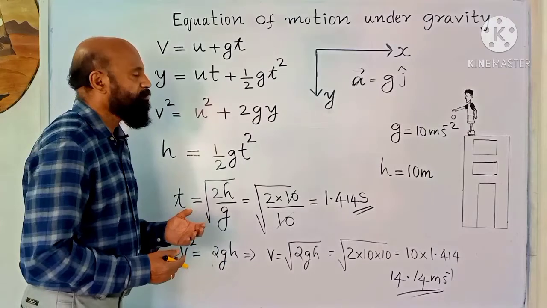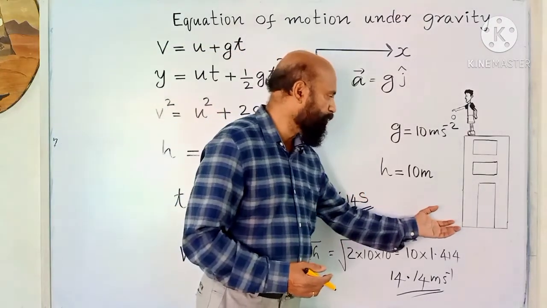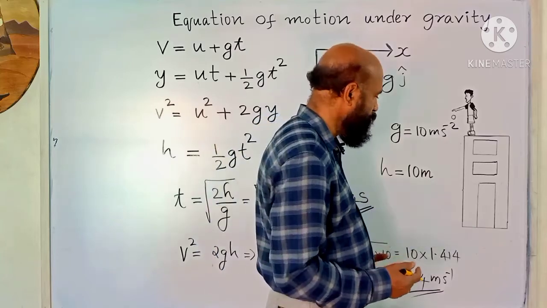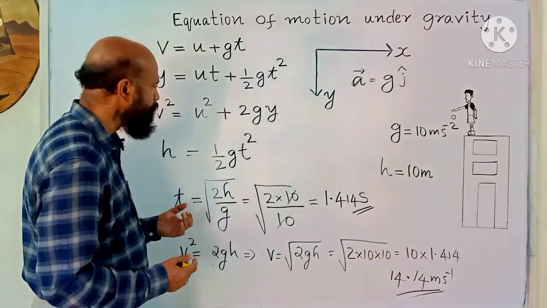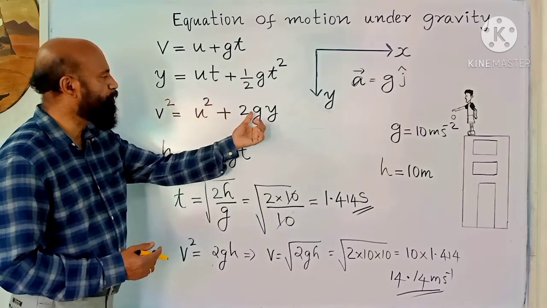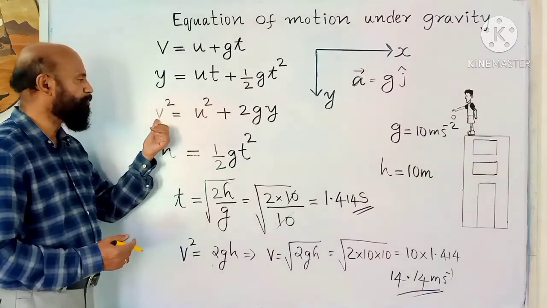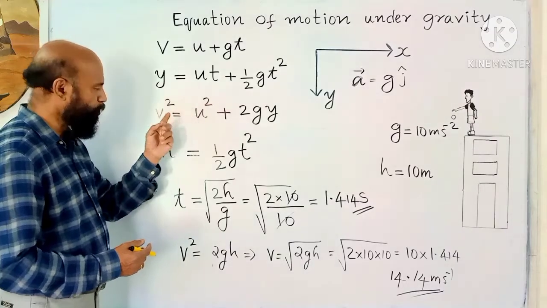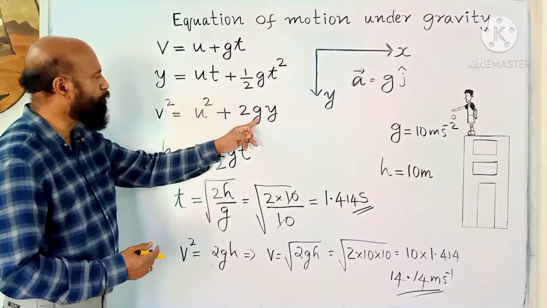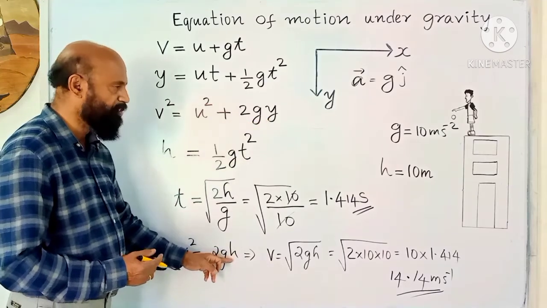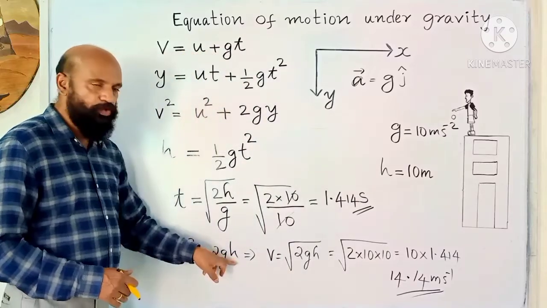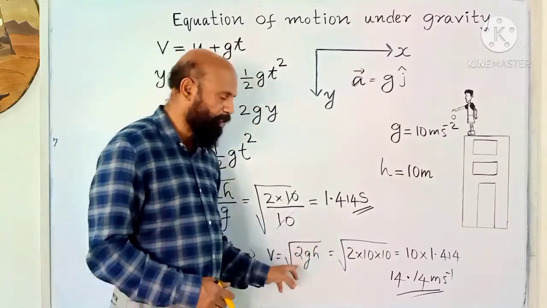Now let us find the speed of iron ball and feather when they reach the ground. For that you can use this relation, v square is equal to u square plus 2gy for finding the speed. Since it's dropping, initial velocity is 0, so we can write v square is equal to 2g. Instead of y you can write h, because it's dropping from a height h. v square is 2gh, so v will be square root of 2gh.